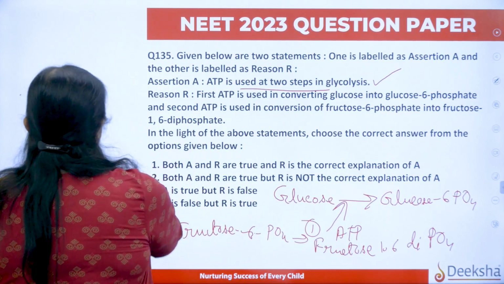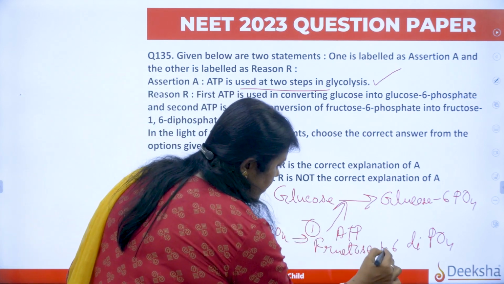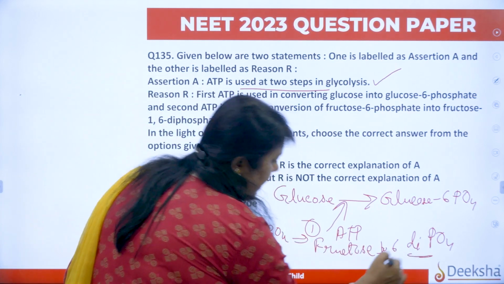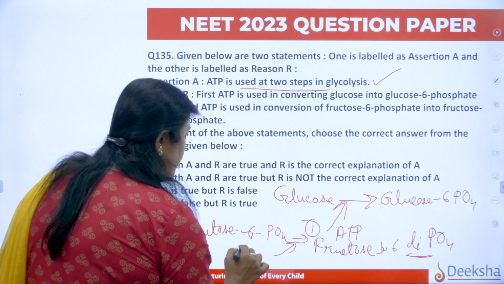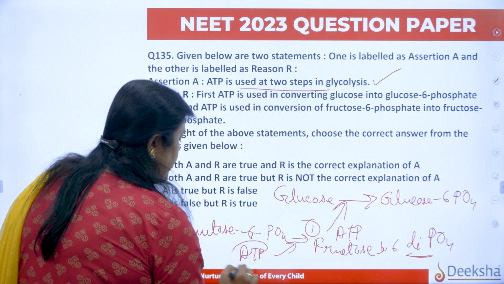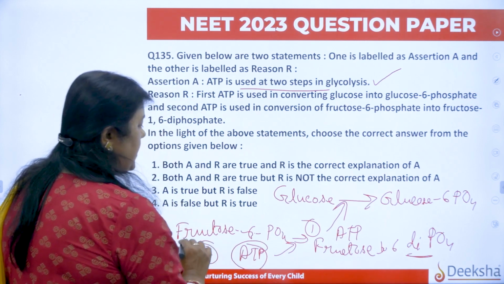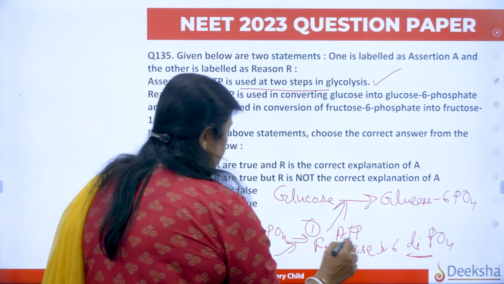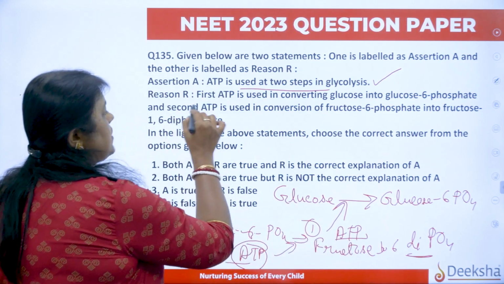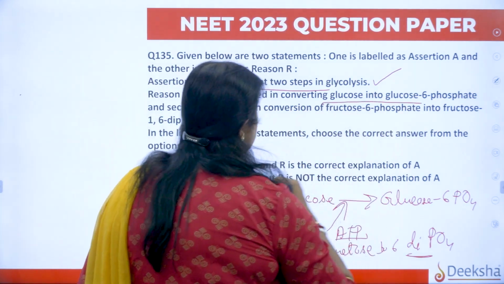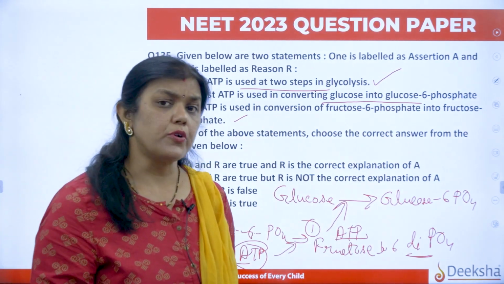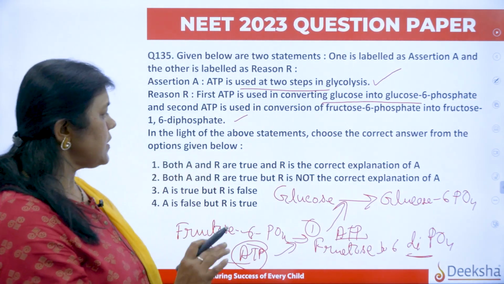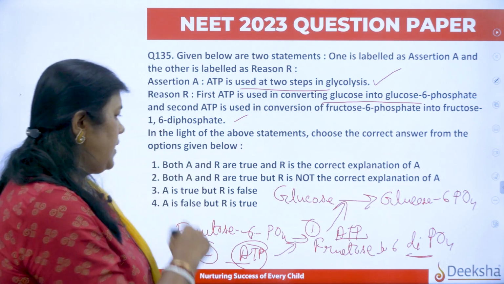That means you are taking 2 phosphate molecules. Diphosphate means you are having 2 phosphate molecules, right? So here also you need one more ATP. So this is the first ATP, and here you have the second ATP. So first ATP is used for converting glucose to glucose 6-phosphate, and second ATP is used for fructose 6-phosphate to fructose 1,6-diphosphate. Both of these are correct.